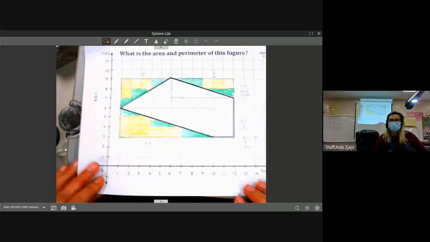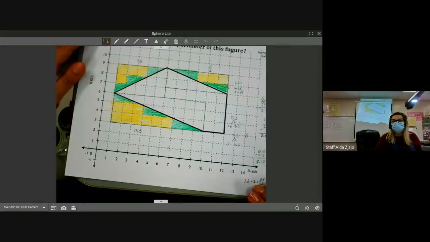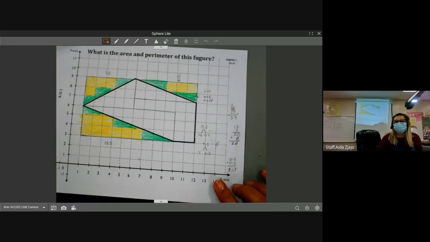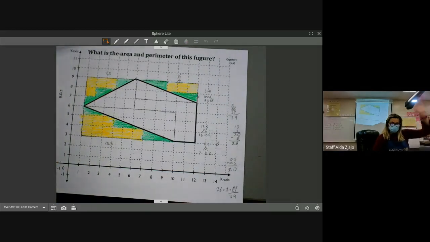Okay, and here is Anilada's. Oh my gosh, you're so sloppy. What we can do for Anilada's, I've seen that she did a different strategy. Can you explain, Mrs. Z?